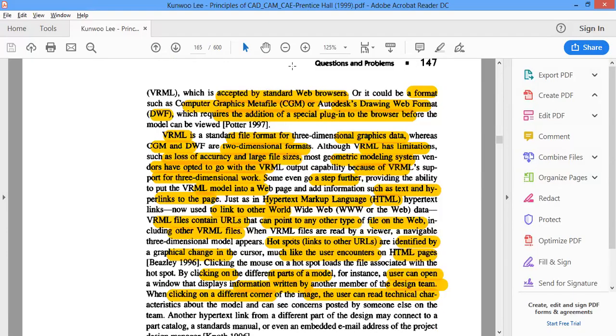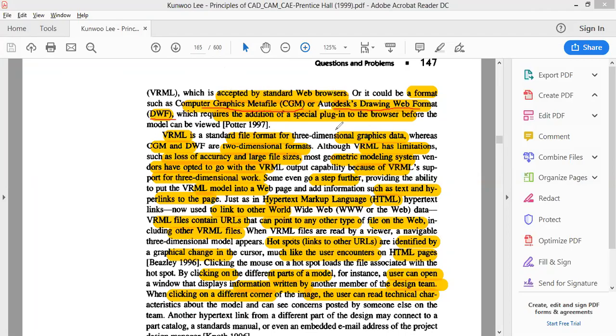So some companies had come up with different formats in the beginning, which is the computer graphics metafile, or the Autodesk, that is the AutoCAD software, which is almost the preliminary CAD software that had come up. They had come up with the DWF format, okay, that is drawing web format, which is where these files can be loaded onto the internet.